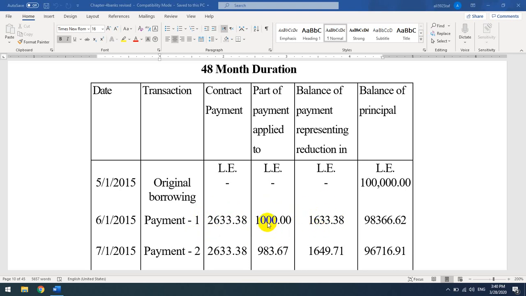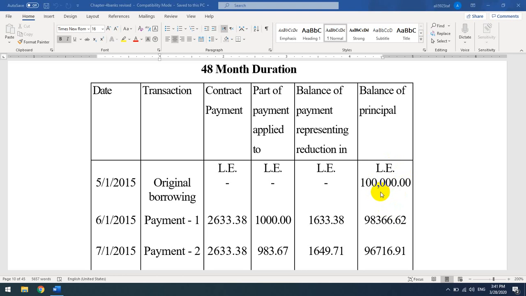First, we have to compute the interest. The interest here will be calculated as follows. The principal amount equals 100,000 Egyptian pound, the interest rate equals 12%, and we are calculating the interest for 1 month.